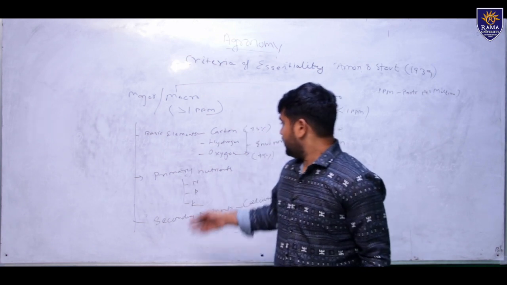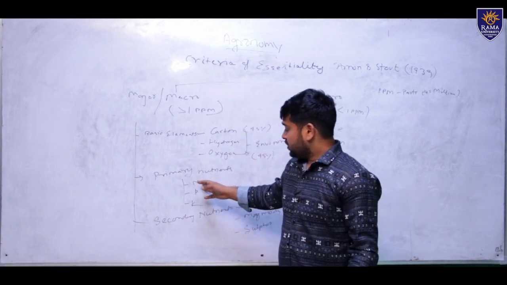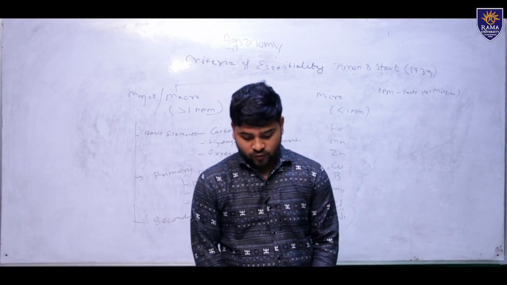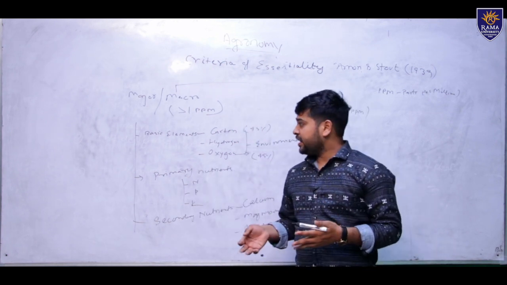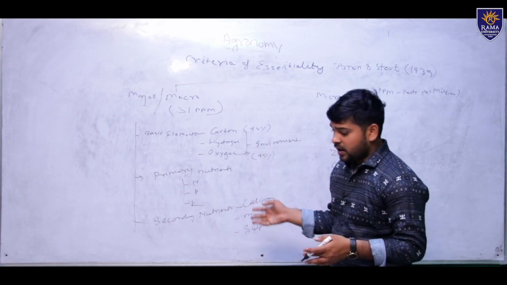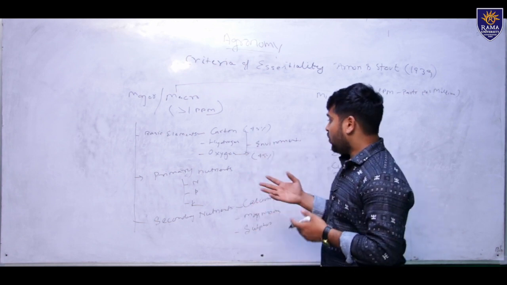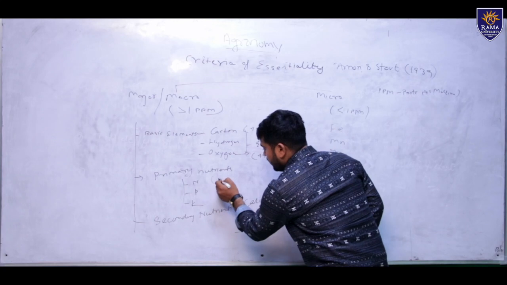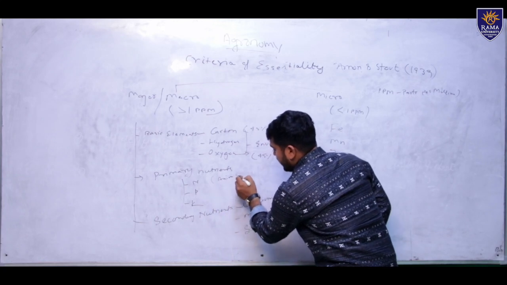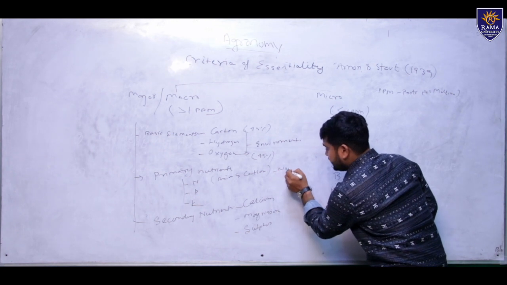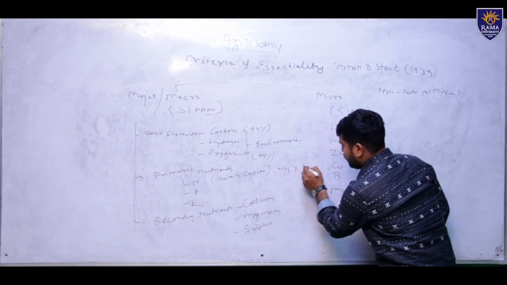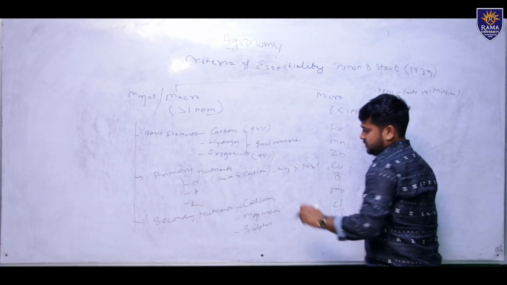Then we will talk about the function of nitrogen in plants. What is the function of nitrogen in plants? We know that nitrogen is taken in two forms, anion and cation: nitrate, NO3 minus, and ammonium, NH4 plus.